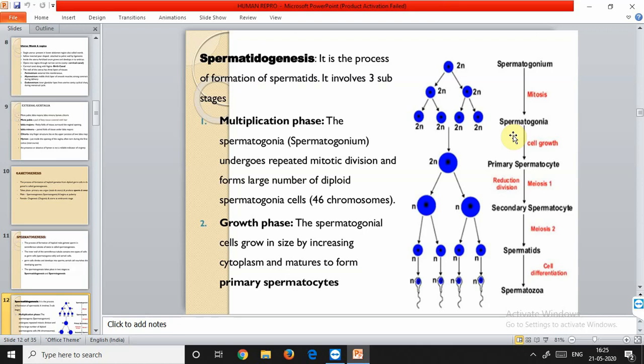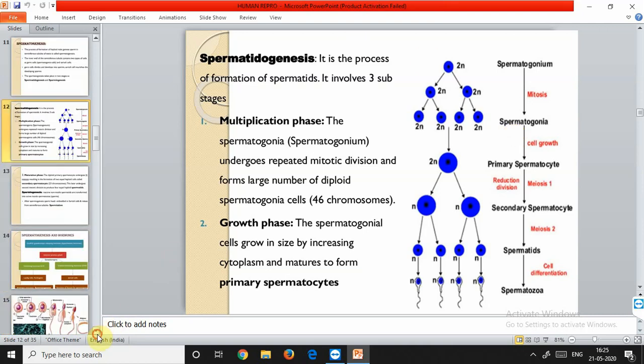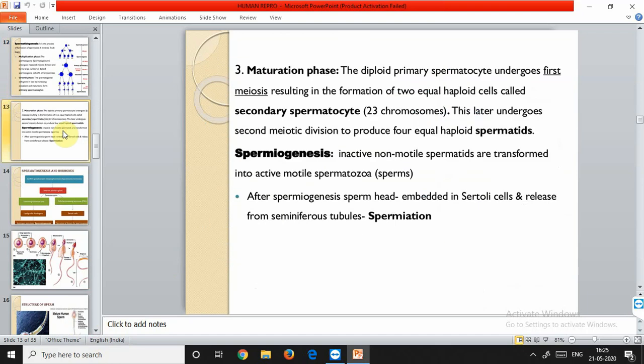Now, after the complete enlargement of the spermatogonia, the new term used for them is the primary spermatocytes. Then comes the maturation phase. First was the multiplication, then the growth, then the maturation phase. During the maturation phase, the primary spermatocytes divide by meiosis.